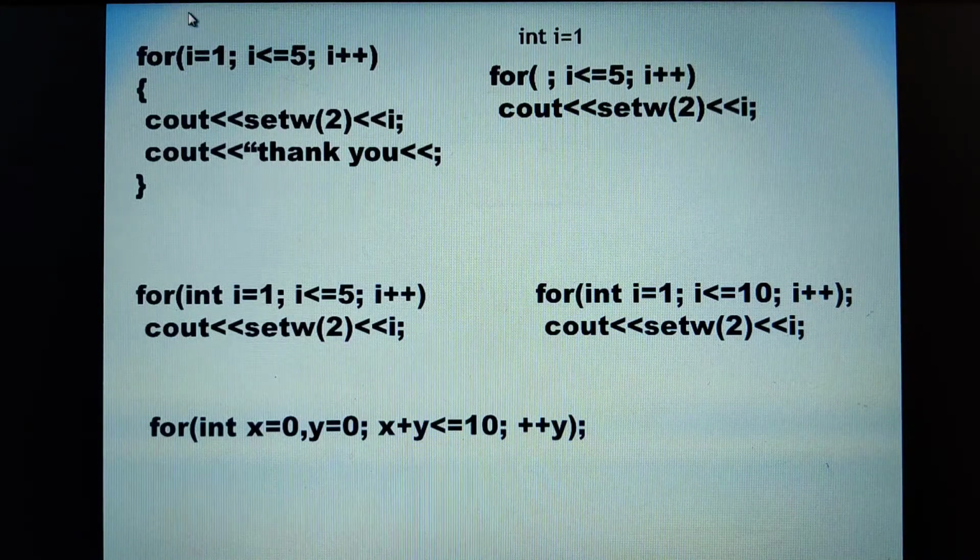If int I is not declared earlier, at the time of using this counter variable, you can declare I with its data type also. This is also a valid one: int I is equal to 1; I less than or equal to 10; I plus plus. Whenever the compiler encounters this, it will understand I is a counter variable of data type integer and allocates for I how many? That is 2 bytes. I hope children you are able to understand.